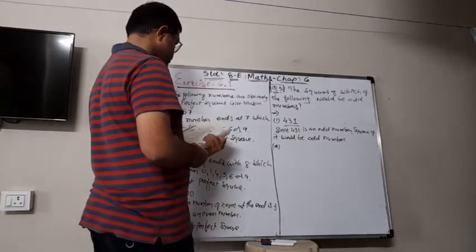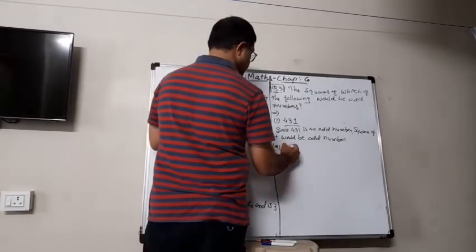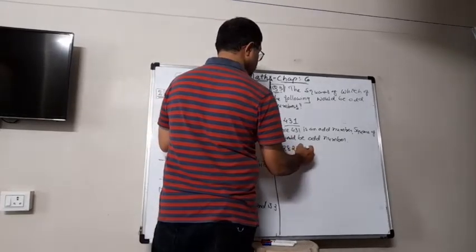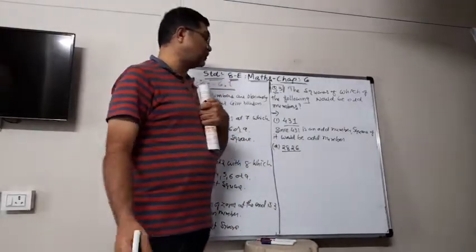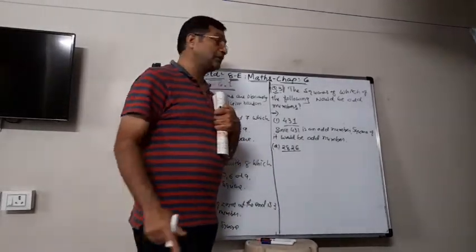Second, 2826. Now you can see that it is not an odd number, it is an even number. The square also will not be an odd number.